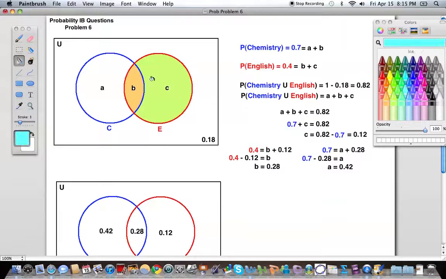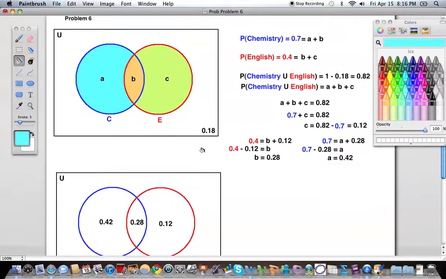We also are given a piece of information that we can certainly use to our benefit. At first, it doesn't seem like it. It just tells us that the probability of a student not taking either course is 0.18, but we can use that right over here to find the complement.